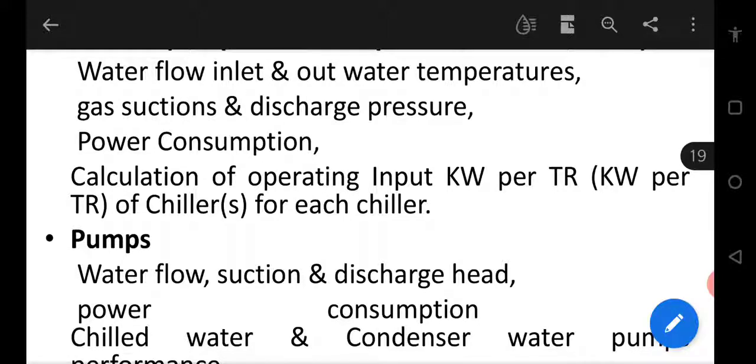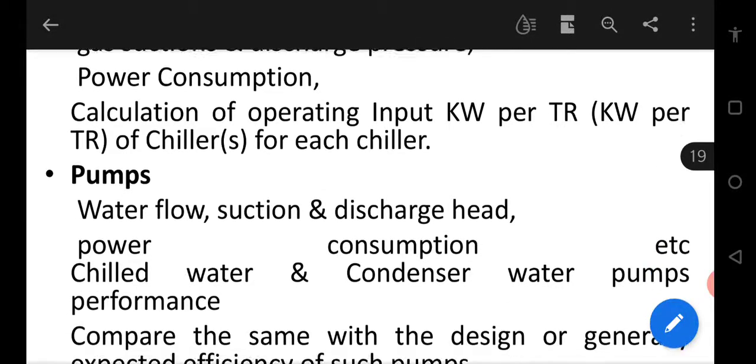Like in our bikes we say 1 liter gives 40 or 50 kilometers, similarly, what is a kilowatt per ton? This is one yardstick to measure the efficiency of the compressor.